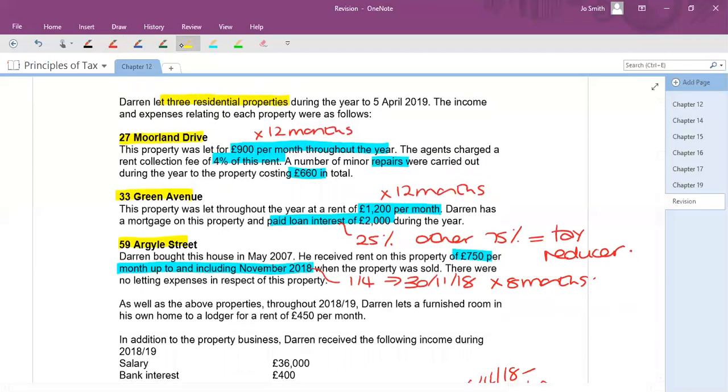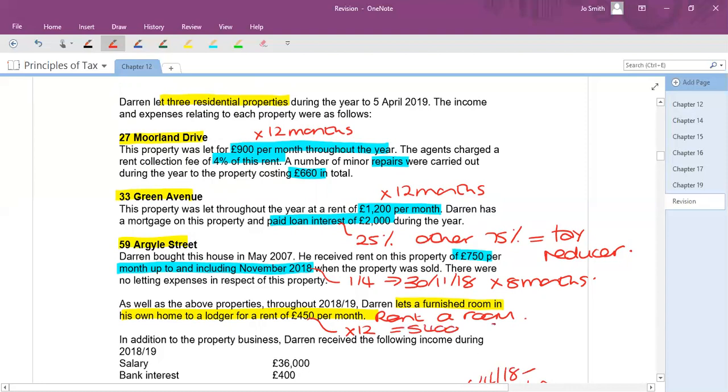Now, the last thing it mentions is that Darren lets out a furnished room in his own home. So I don't know if you remember this, rent-a-room relief. If we look at what he's doing, if he does it throughout the year, so 12 months' worth of 450, if we multiply that through, gives me 5,400.